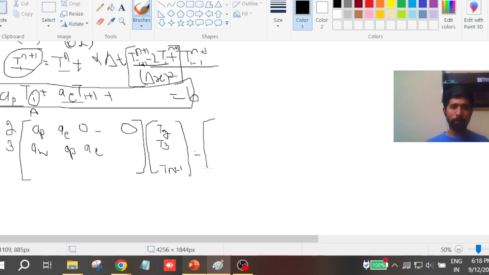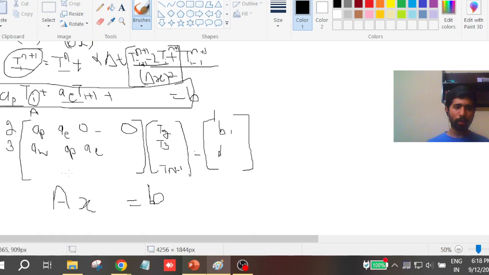I hope the matrix format is clear. If it is not clear, you can write down whatever doubts you have in the chat box. I'll be monitoring the chat box. Okay, so once we get this standard matrix notation, this is known as AX is equal to B.